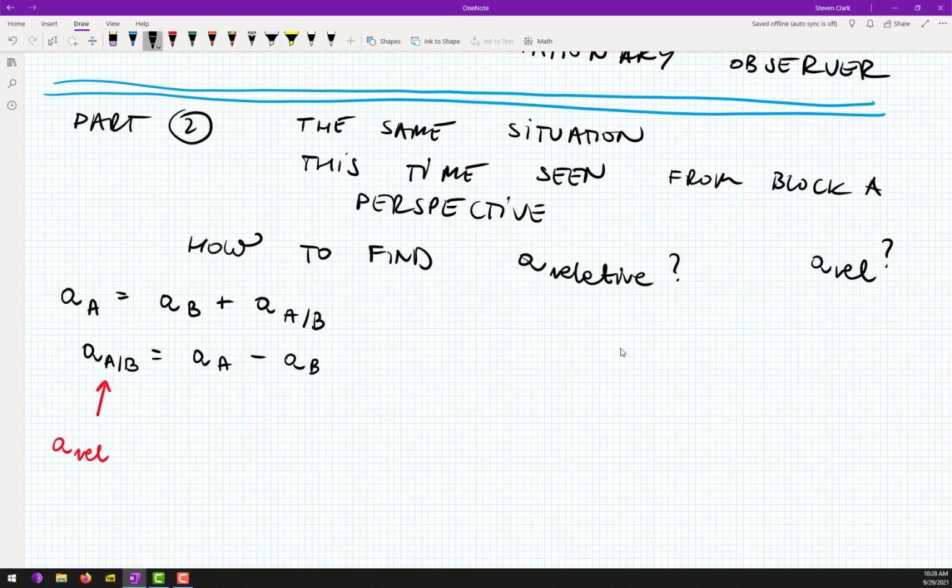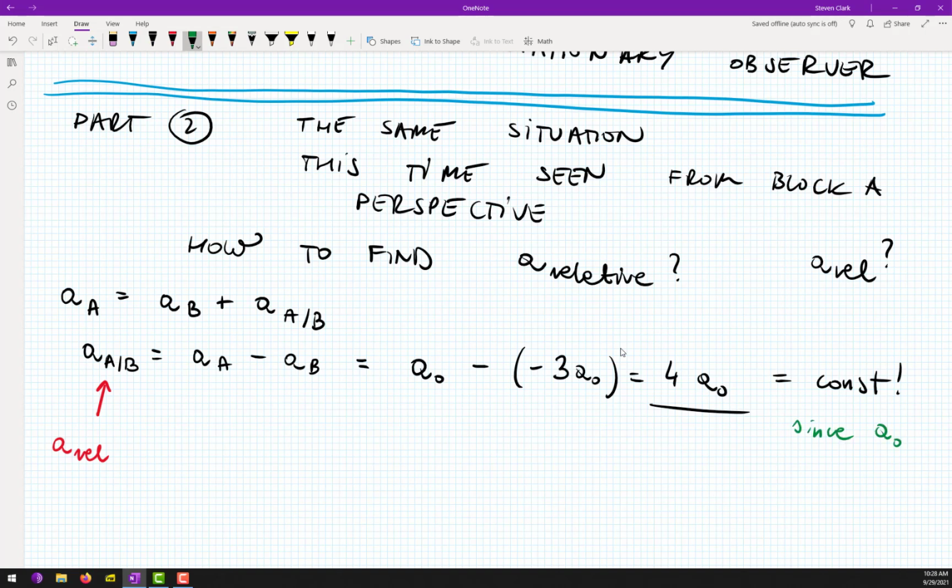Okay, so let's plug in our values. I believe that AA was A0, and AB was minus 3A0. So we will end up with 4A0. And by the way, this is also constant, since A0 is constant.